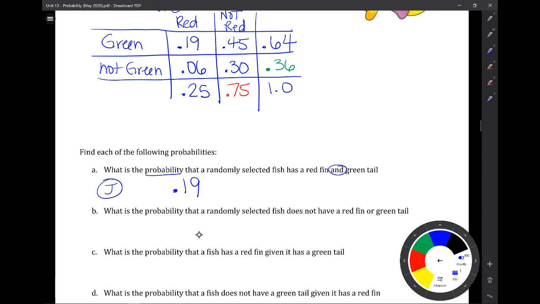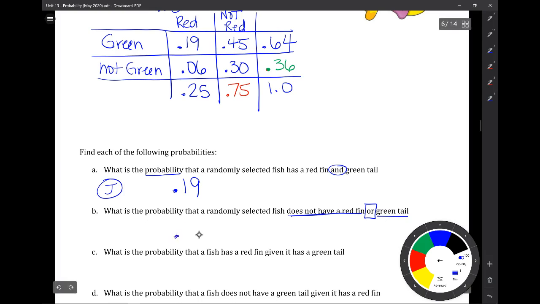What is the probability that a randomly selected fish does not have a red fin or a green tail? Well, if it doesn't have a red fin or a green tail, that's going to fall in the not category.